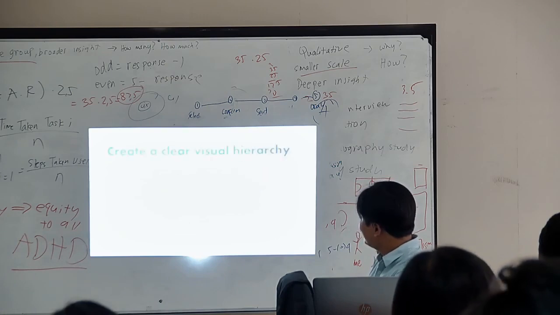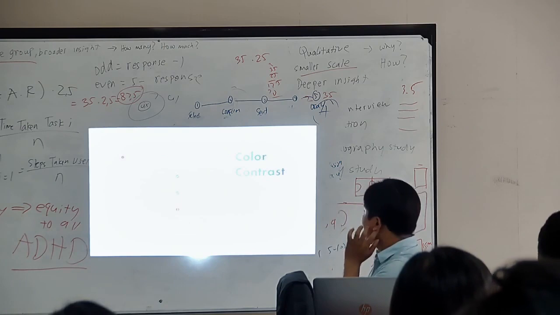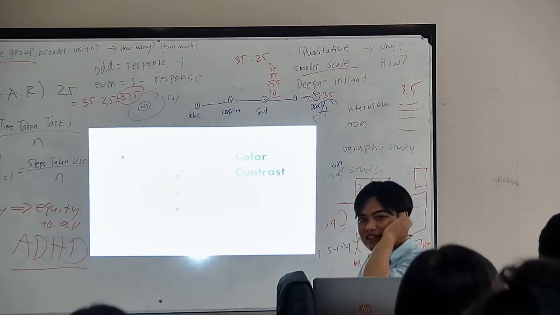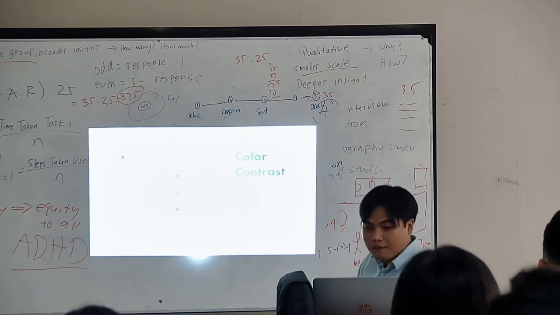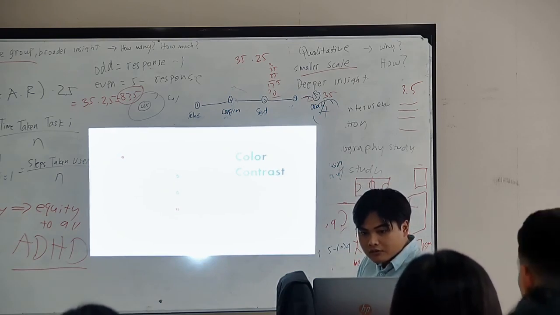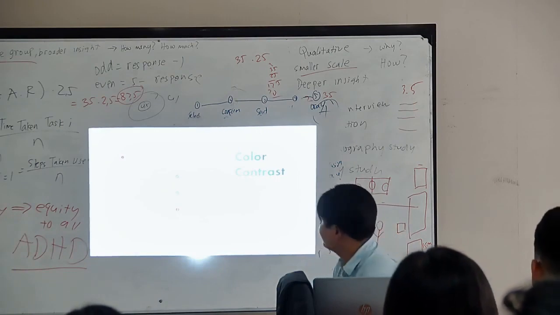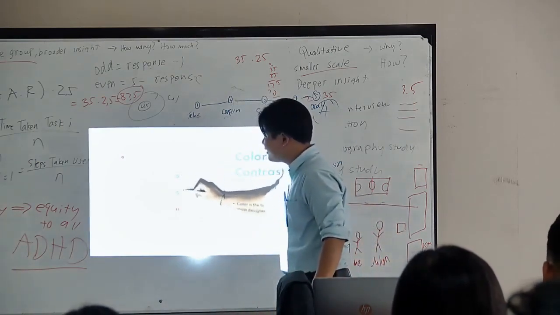Then the next is color contrast. Color is the top factor that most designers use to create contrast in UI design. What is this app trying to tell? This is wrong. This is correct.